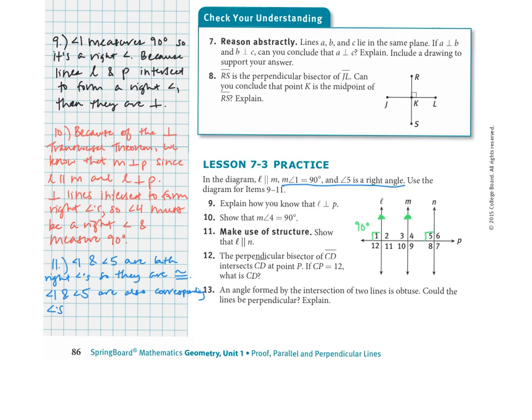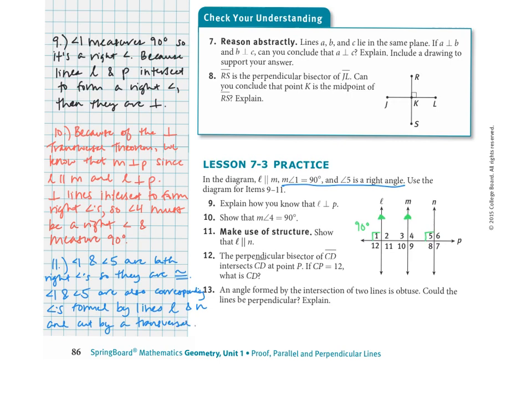We don't necessarily know if they're parallel, but we can make the statement that they are formed by lines L and M and cut by a transversal.